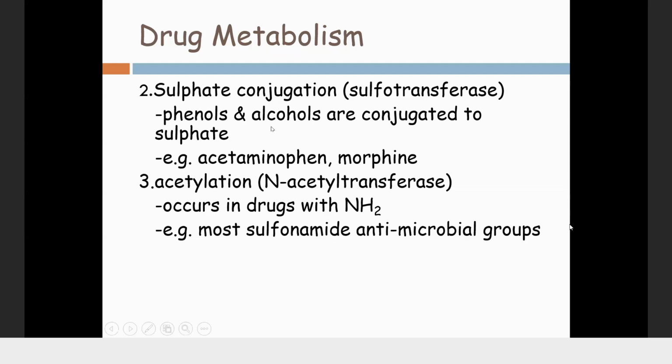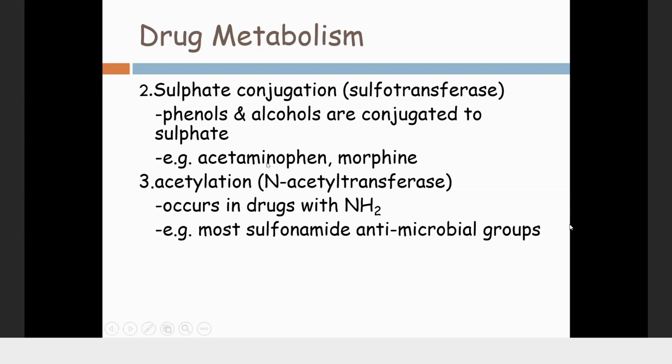So you can see one drug may undergo one, two, or many phase 2 reactions. As seen just now, acetaminophen undergoes glucuronic acid conjugation and also sulfate conjugation.